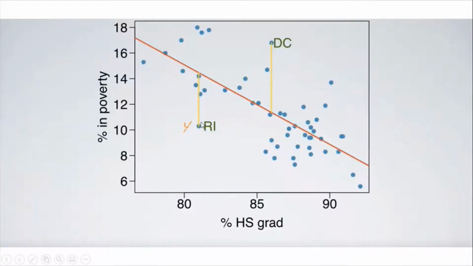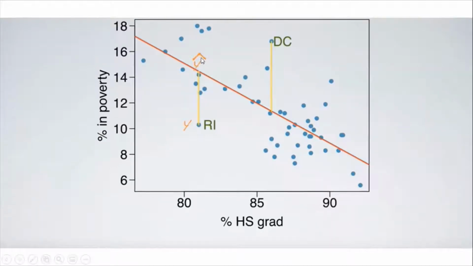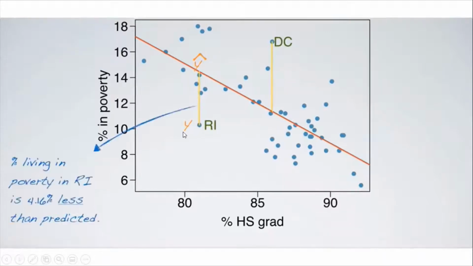So this blue point is our observed data point. And then on the red line, at the end of the yellow line, we got our predicted value for Rhode Island. So the difference between them is, as you can see, around 10.5 to 14.2.